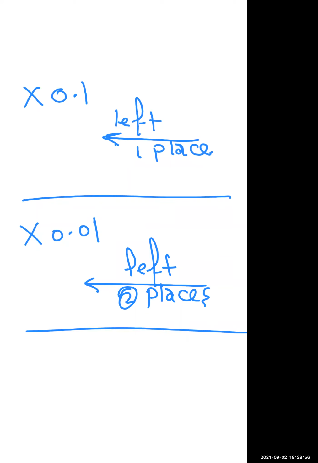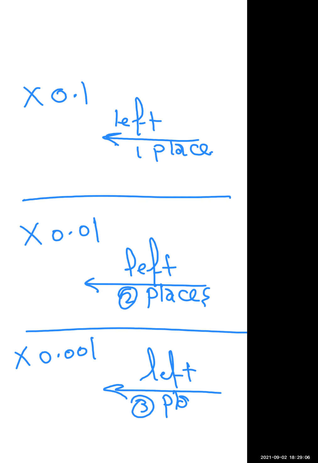Last case, if we are going to multiply the number by 0.001, move it to the left 3 places. Are we clear, guys? Yes. Okay, that's very good.